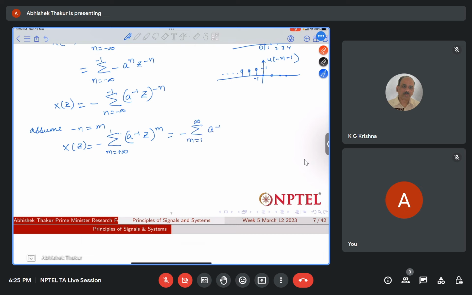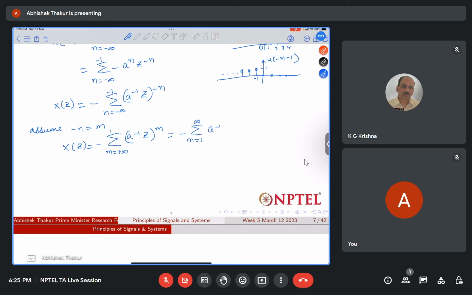If we take minus a to the power minus 1 z common, it will become 1 plus a inverse z plus a inverse z square up to infinity, and this will be simply 1 by 1 minus r, so this will be 1 minus a inverse z.